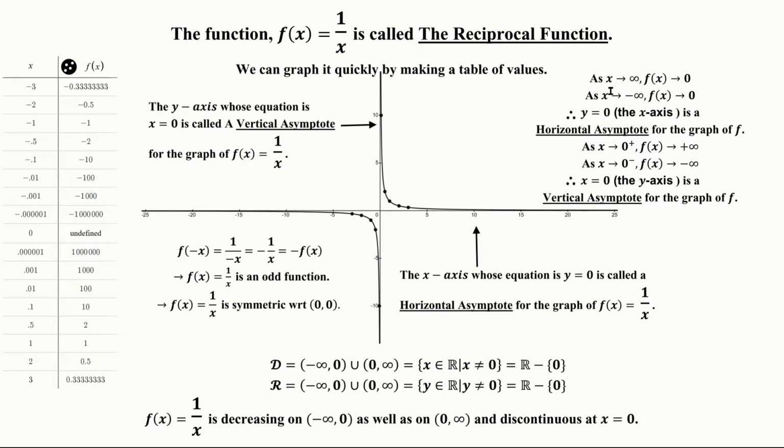All right, now we also notice that in order to understand why the x-axis is a horizontal asymptote, you need to look at what happens to the y values as x becomes really large. In other words, as x approaches infinity. Notice that 1 over x starts approaching what? 0, right?